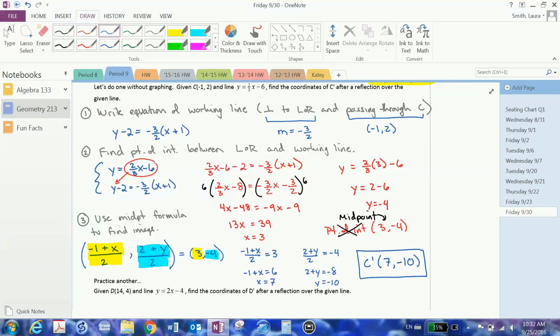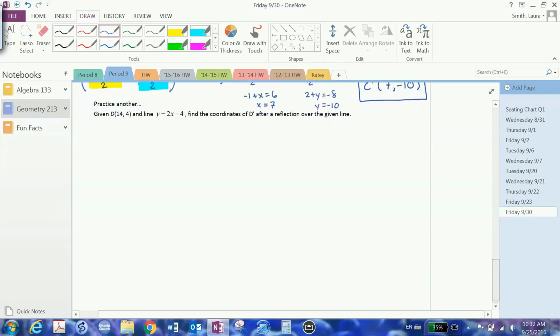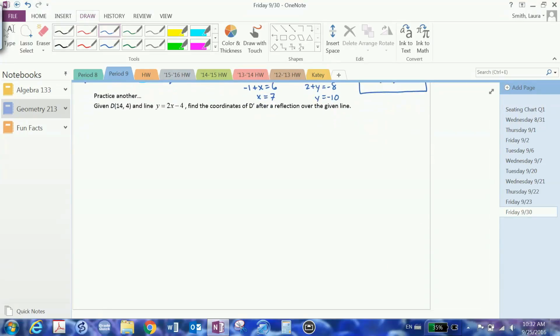Okay? Let's practice. Let's just do one more, and then you guys can go ahead and start working on your homework. All right. Remember, first step is going to be to write working line. Get your working line. Okay, so the working line is going to be perpendicular to this and pass through that.